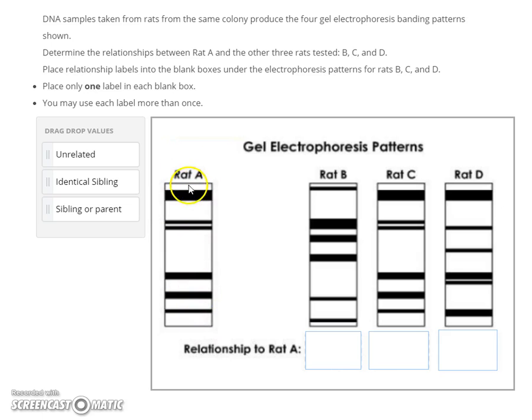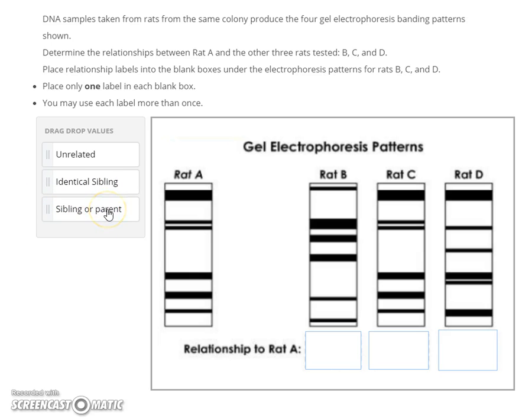So depending on the sizes of each piece of DNA, we can see how far they run down through this gel. So what we're looking for is, this is rat A, and we want to know the potential relationships of rat B, rat C, and rat D back to rat A. So how does rat A compare to these three? We're looking for whether they are unrelated, identical siblings like a twin, or a different sibling or a parent.